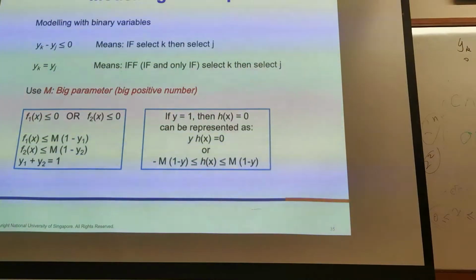Again, because they are binary, the nice thing about binary is we can write all the options. So if yk must be smaller than yj, it means either smaller or equal. So that means either this, or this. Is that correct?